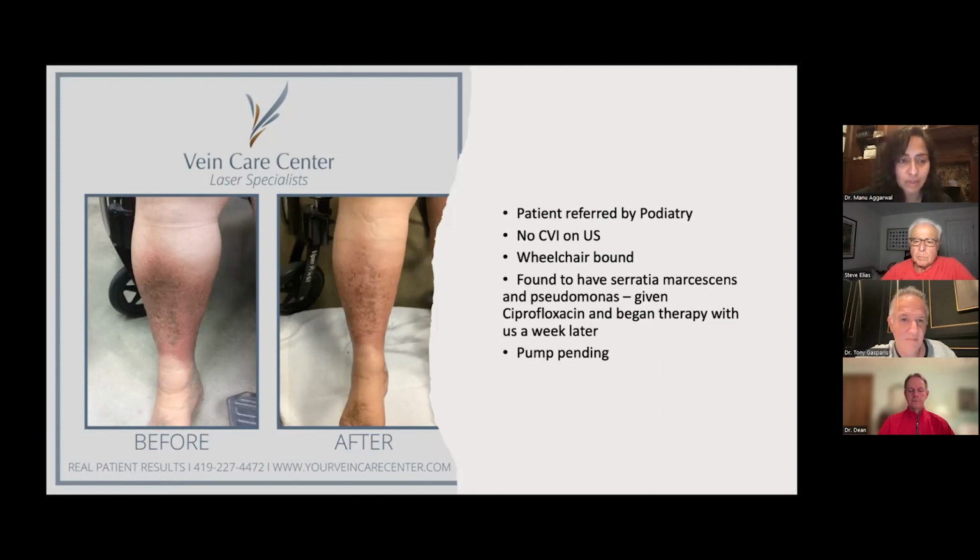So they probably don't have a lot of pump function since they're wheelchair bound. And there's a lot of dependent edema there. There was a lot of drainage, so we did swab the patient. They had Serratia. We treated it with ciprofloxacin, and then began lymphedema therapy after the antibiotic was on board. And we immediately started the pump referral so that it can be started with Tactile, so that they can start working to see what the patient may or may not need for their documentation so that they can get a pump.